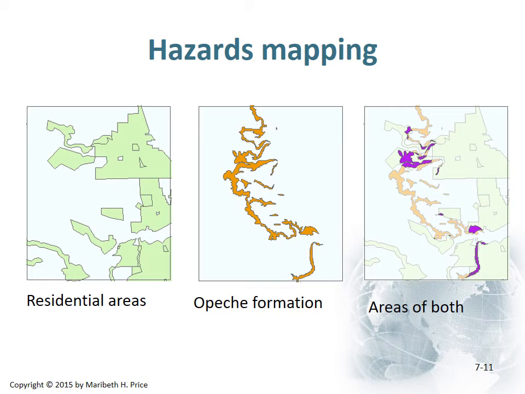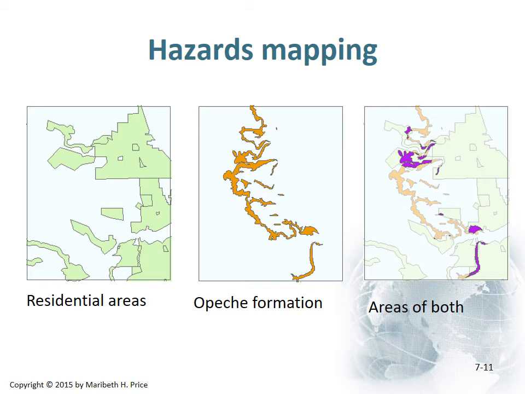But if we then combine this information with which houses actually exist in the residential areas, then we have a smaller list of addresses that we'd have to target to get information out to them, assuming that's what we're doing this for in the first place, a public health information campaign.